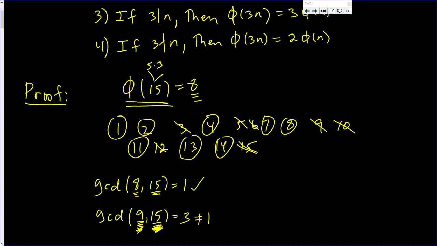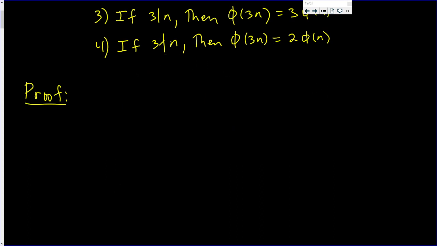Don't count 9 as one of the numbers that are relatively prime to 15. It's basically just count the numbers. So if you have phi of n, you consider the numbers 1, 2, 3 up to n, and you count the numbers that are relatively prime to n.